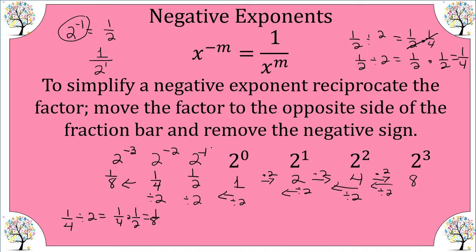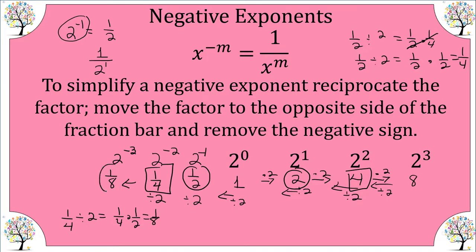Now let's notice this. We have 2 to the 1 is 2, but 2 to the negative 1 is 1/2. Let's compare these values. 2 to the second is 4, while 2 to the negative second is 1/4. You can see these are just reciprocals of each other.